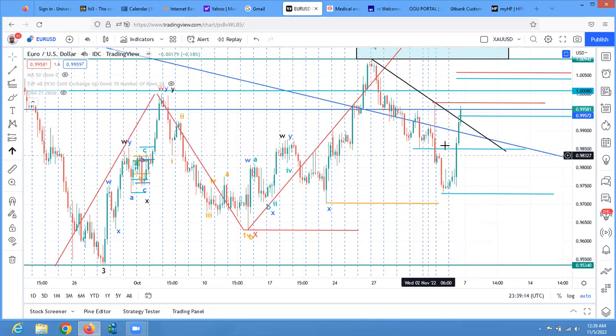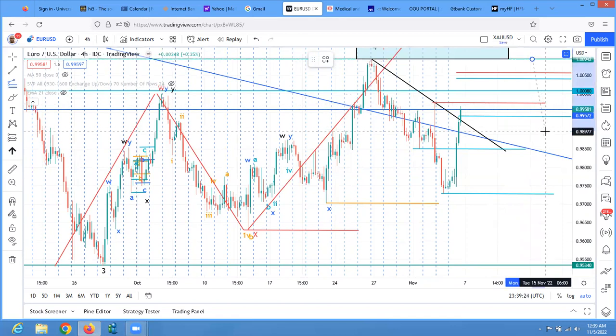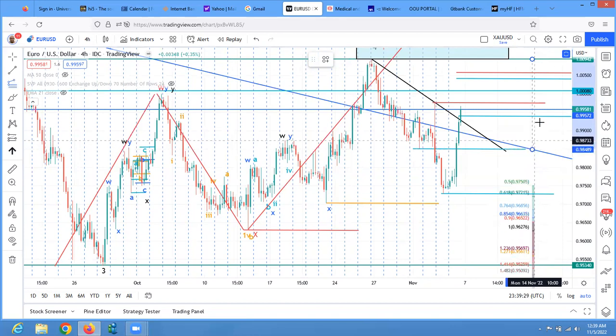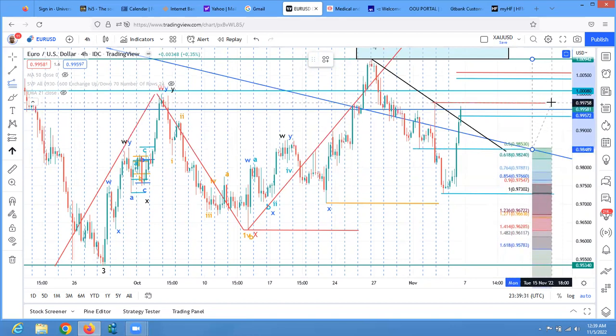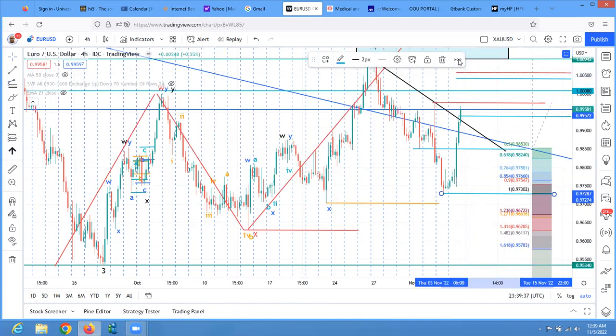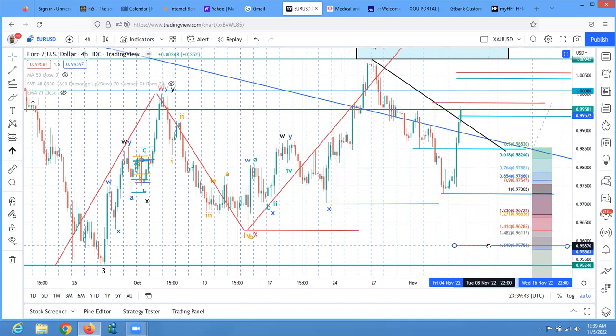A 3 shouldn't be less than a 1.1618 extension of between, this is 1, and this is the limit of a 1 here, and a 2 will be at this red. So a 1.1618 for the third wave that is coming down should at least get to this point.